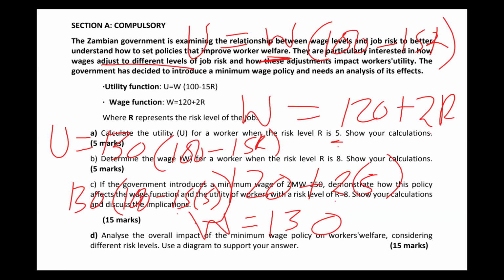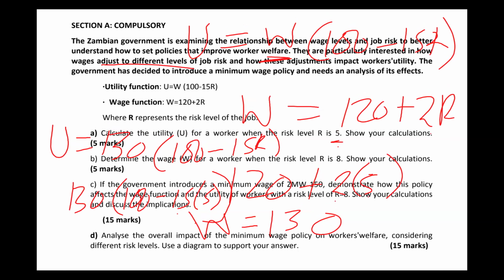Okay, thank you. So we did say that the question is asking you to determine the wage, right? The wage for a worker when the level of risk is 8. Show your workings. So we want to determine the wage. In short, we want to know the value of the wage.